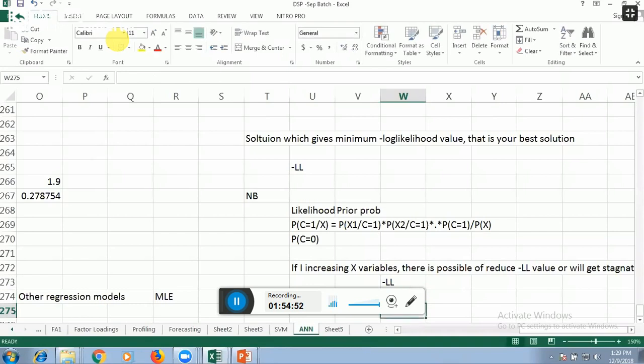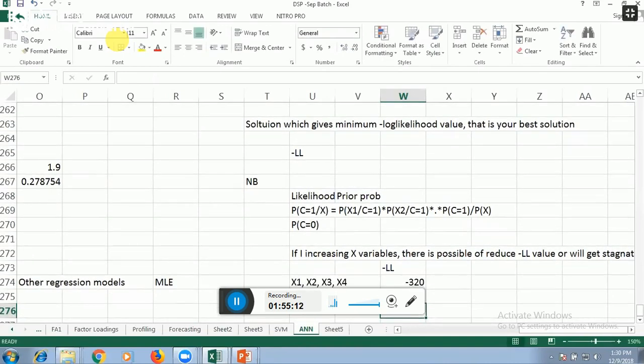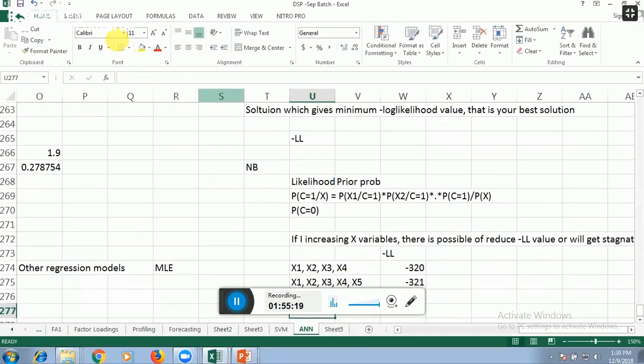By adding one more variable, x5, suppose I'm able to reduce it to 321. And adding one more variable, I see very little improvement, minus 321.01.